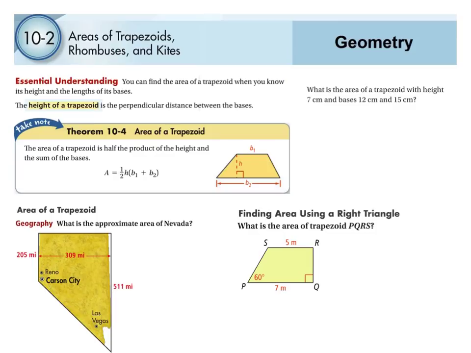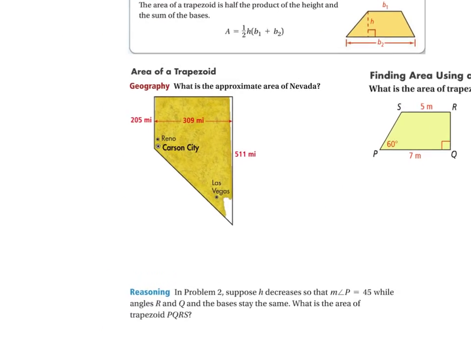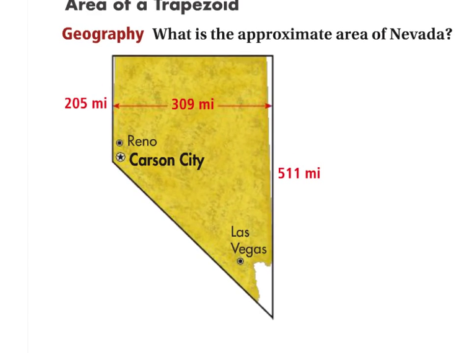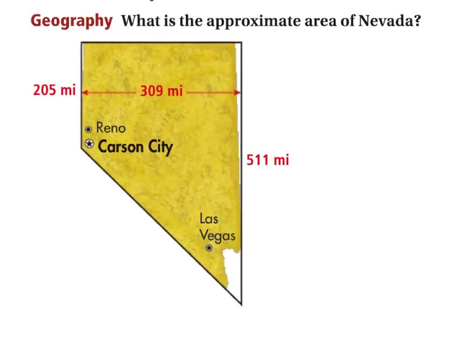So taking a look at your notes, we will start by finding the approximate area of the state of Nevada. The state of Nevada is roughly a trapezoid.